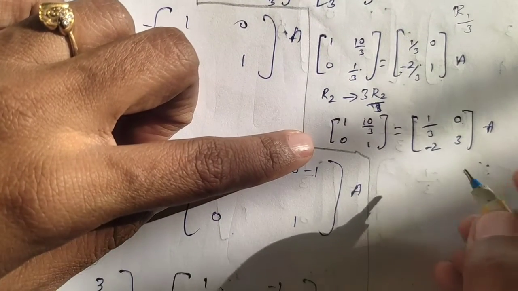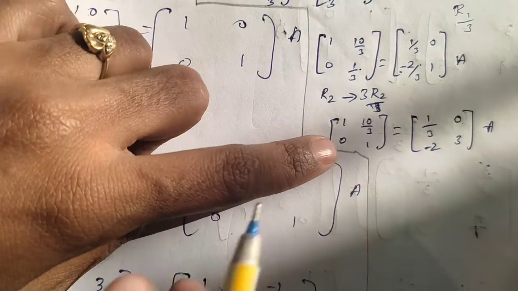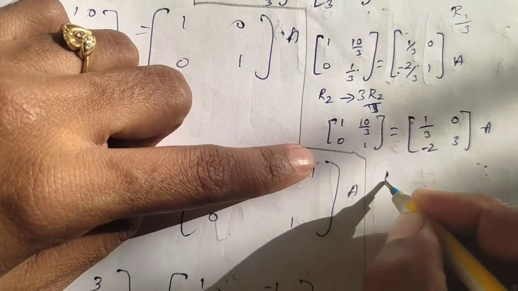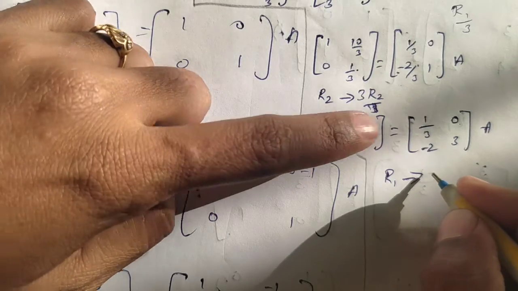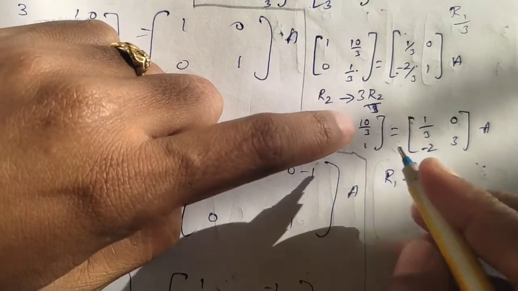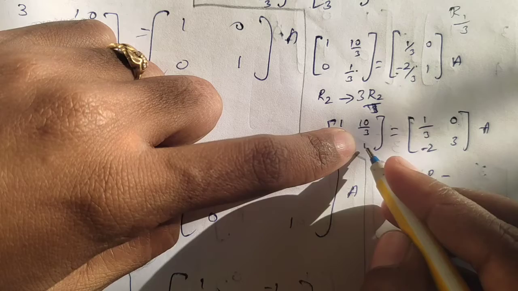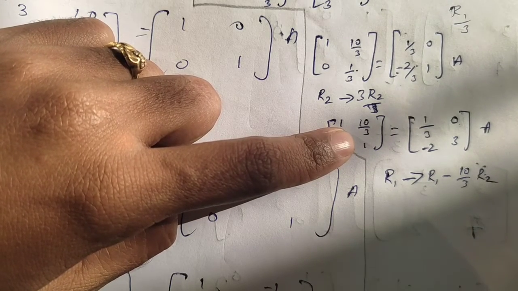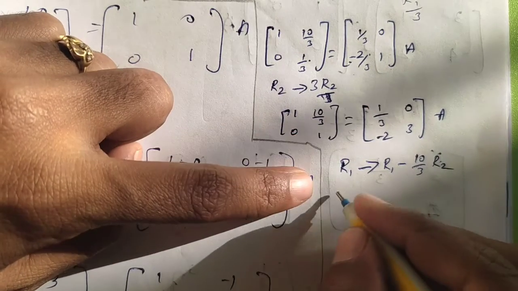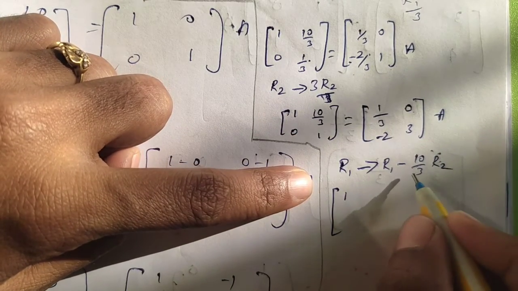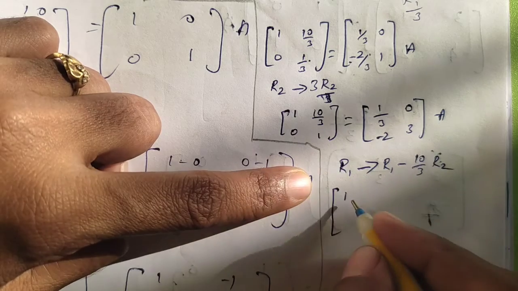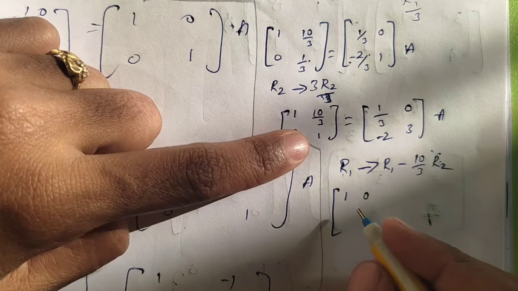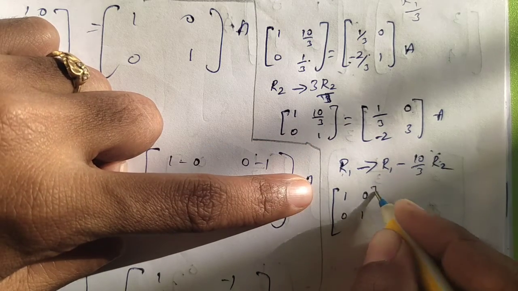Now we got it. The next thing is I should make this element 0 with the help of R2. So R1 tends to R1 minus 10 by 3 into R2. So our matrix 1 minus 10 by 3 into 0, so 1, 10 by 3 minus 10 by 3 will become 0. 0, 1 again.